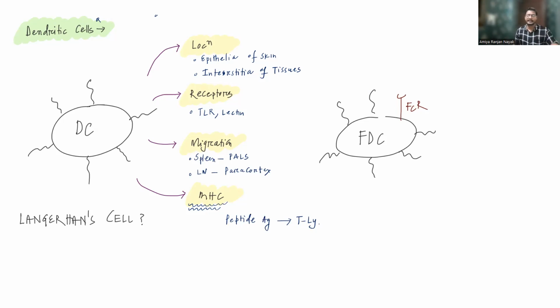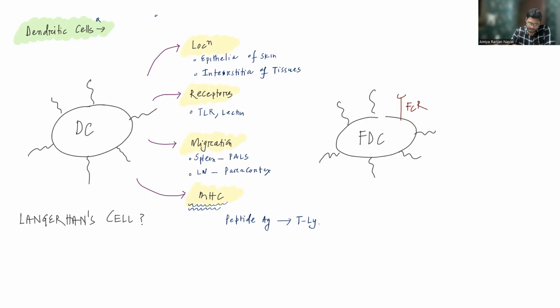So once the dendritic cell takes up the antigen, it will carry the antigen, process it, and migrate to those areas where the T cells are dominant, and there it is going to present these peptide antigens to the T lymphocytes. Okay, so these are the 4 properties which make these dendritic cells the classical professional antigen presenting cells.